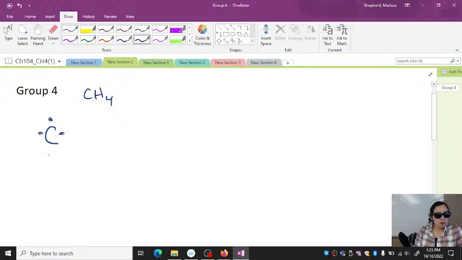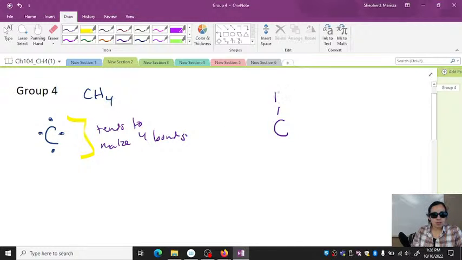Carbon, remember, had that special Lewis dot structure where we drew it like this to indicate that, yes, carbon likes to make 4 bonds. And so methane is generally our characteristic compound.